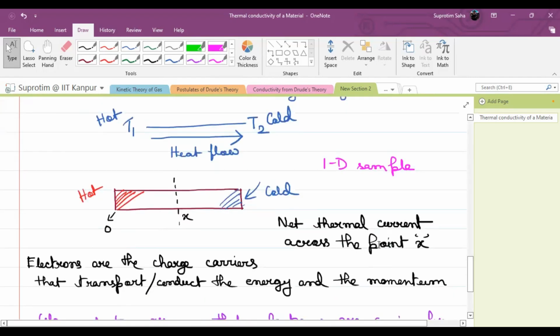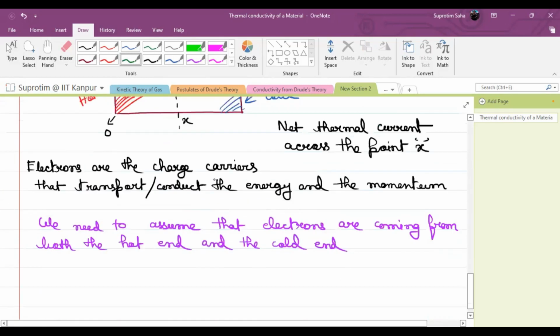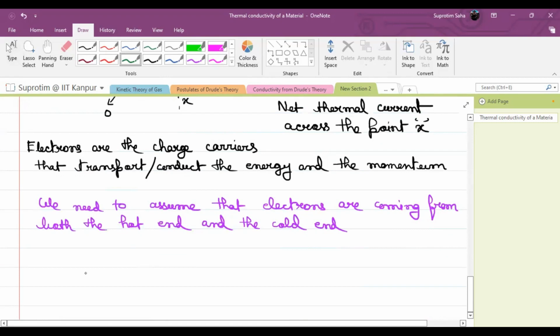So you have to assume that electrons are coming from both this end and also this end. Fine. With the density of electrons inside the metal.